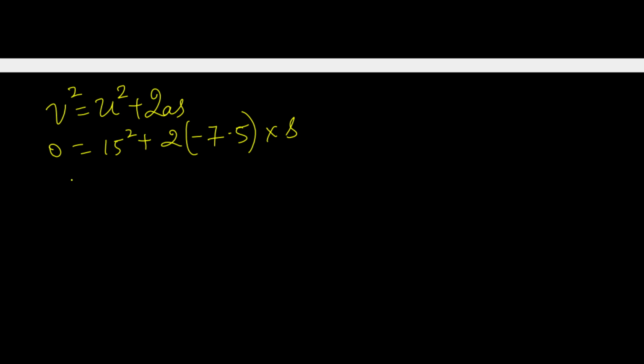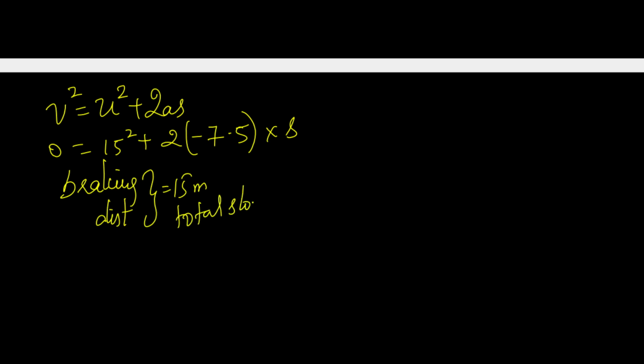So the braking distance is 15 meters. The total stopping distance is 15 plus reaction distance 3, which is 18 meters. So this is the braking distance, and this is the total distance.